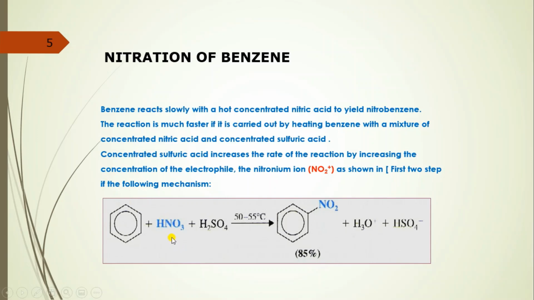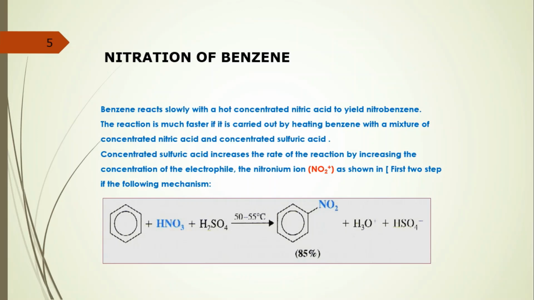But the reaction will be much faster if it is carried out by heating benzene with a mixture of concentrated nitric acid and concentrated sulfuric acid. If there is a direct reaction of nitric acid with benzene, there will be no reaction, or a very limited reaction.